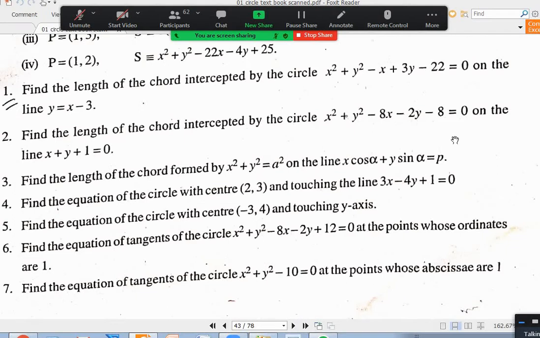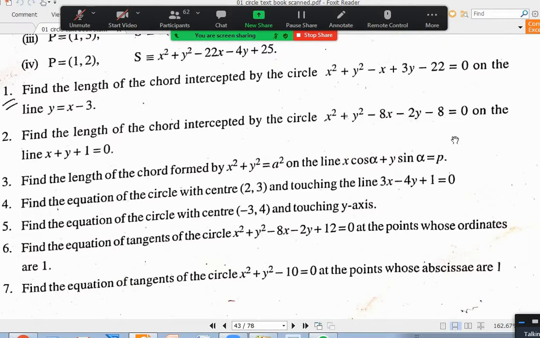Okay, section 2, you can see 7 questions on the screen. Anybody any doubt? Rhythm, you completed all of them?